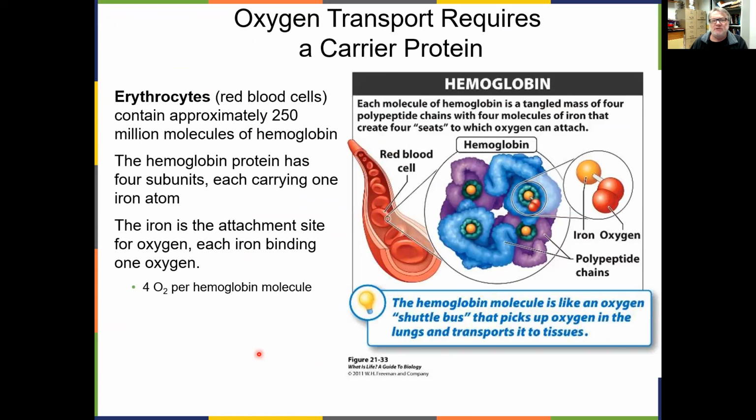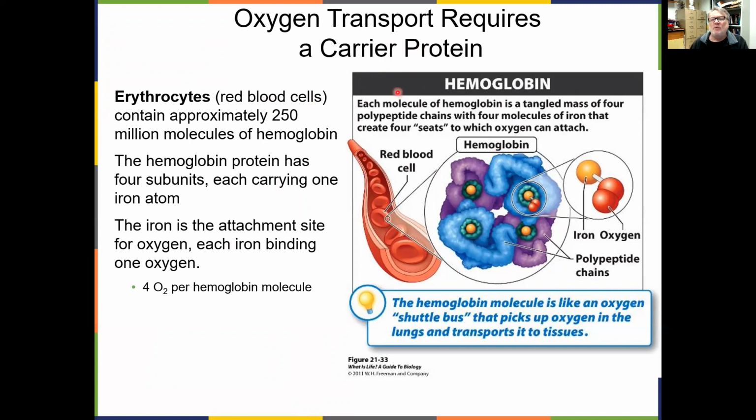But let's look at one of the primary functions of transport, which has to do with oxygen. In order to efficiently carry oxygen, we require a specific transport carrier protein that will selectively bind with oxygen, but also will unbind with oxygen.